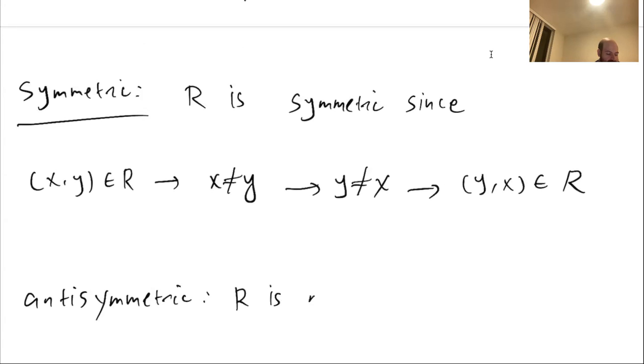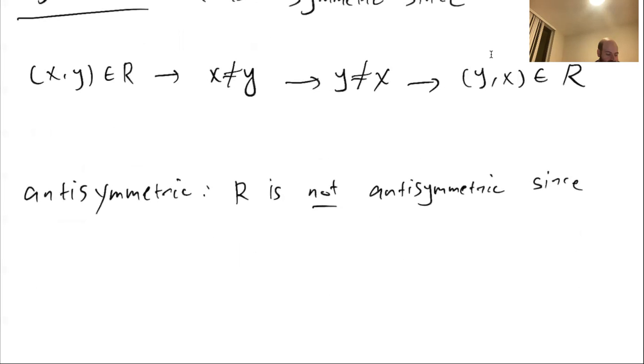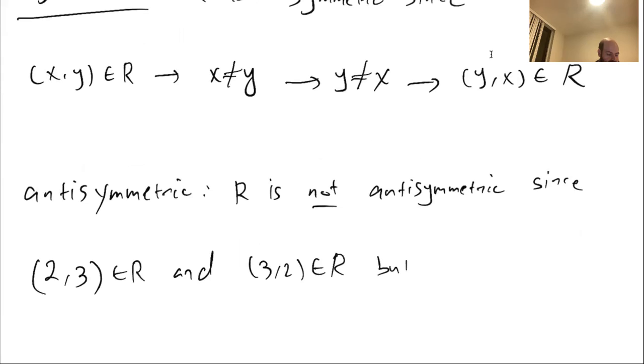Antisymmetric. R is not antisymmetric since, let's say, (2, 3) is in R, and (3, 2) is in R as well, but 3 is not equal to 2.